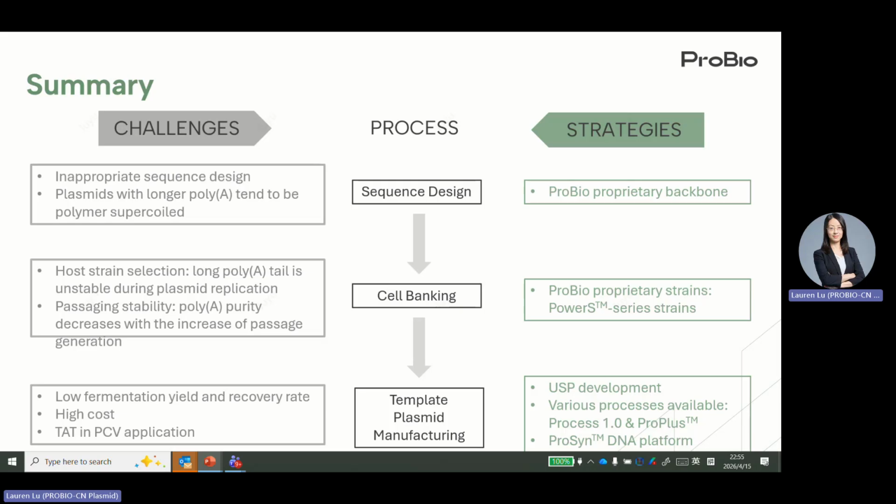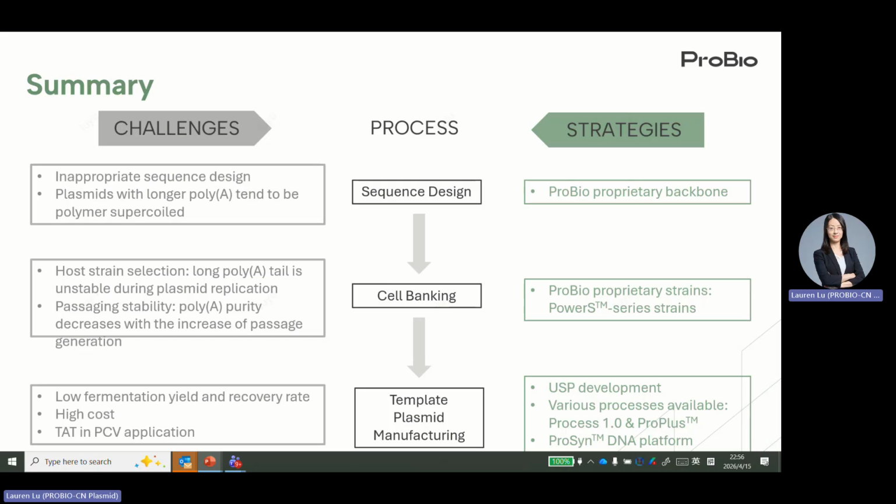So ProBio will prepare the whole toolbox, from the sequence design to the manufacturing to the very specific manufacturing process. Starting from the backbone, ProBio has our own proprietary backbone, designed from the sequence design stage to avoid the risk of poly A loss. And this backbone combined with our proprietary strain can secure 100% integrity of the poly A tail, no matter how long the poly A tail is and how difficult the sequence is.